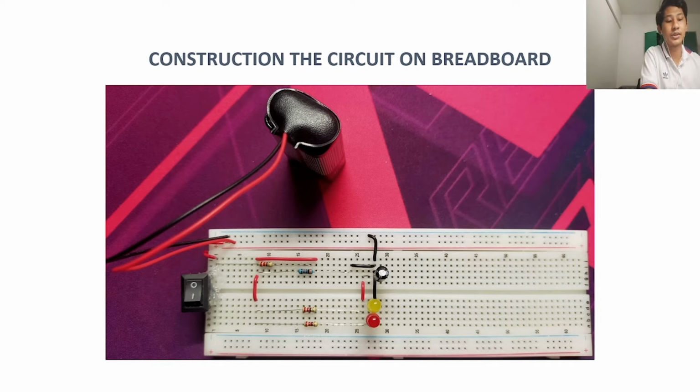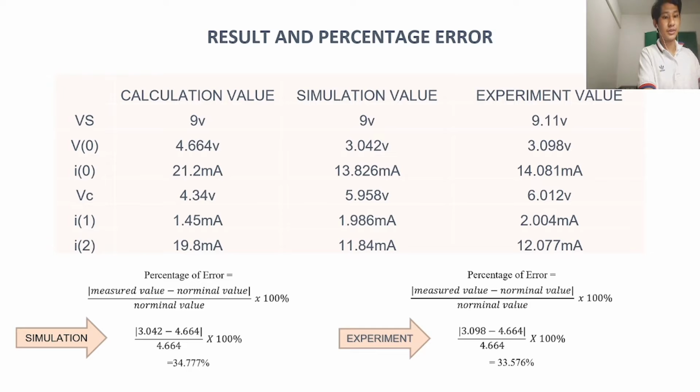This is the circuit construction layout of this experiment. For the result and the percentage error, as you can see here, the percentage error between simulation and experiment is at the highest value.